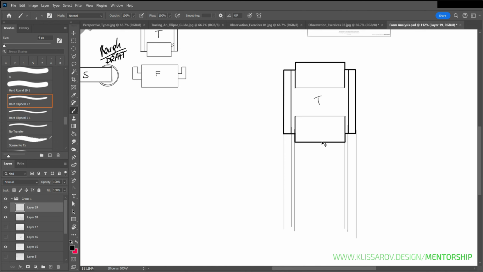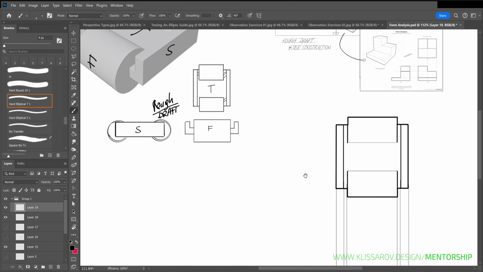This is top view, okay? And we decided that this is going to be the front view, right? Remember?